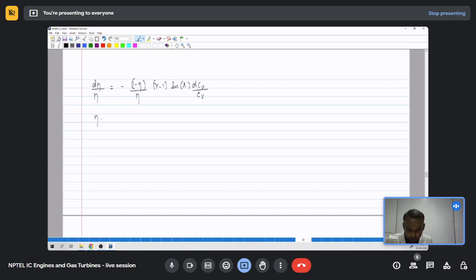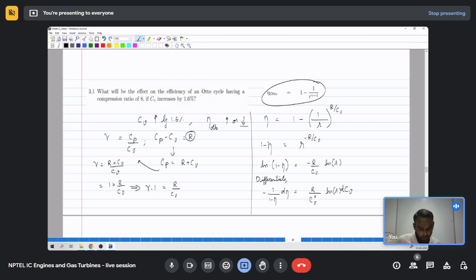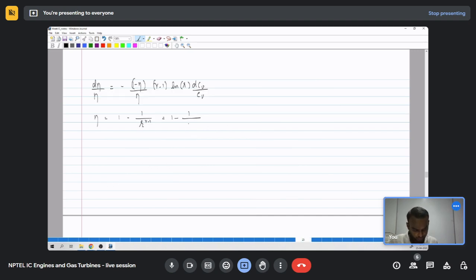To calculate the eta value, we know it is 1 minus 1 by r power gamma minus 1. So that is 1 minus 1 by r, given as 8, and gamma we can take as 1.4, so that will become 8 power 0.4. So can you calculate what is the base efficiency?